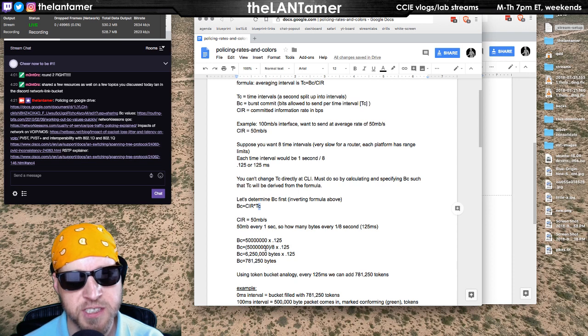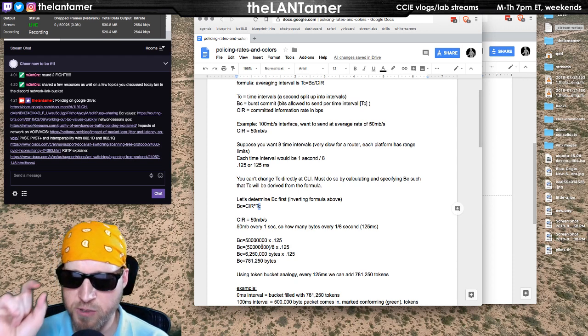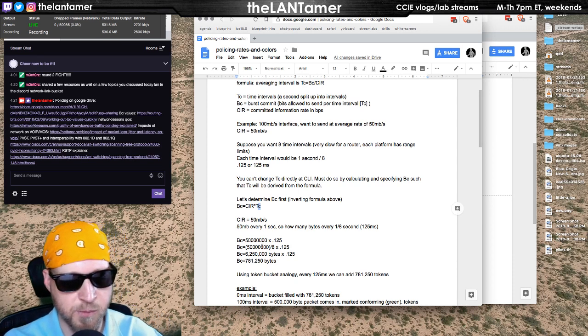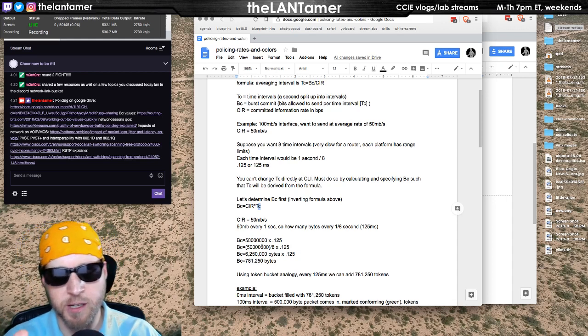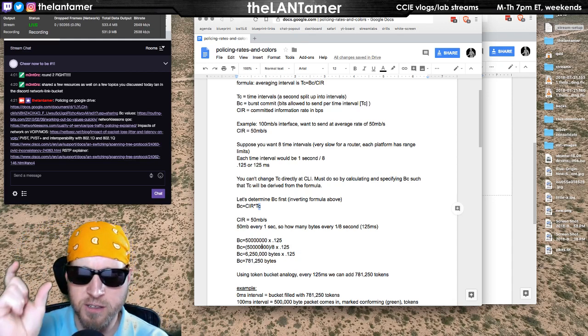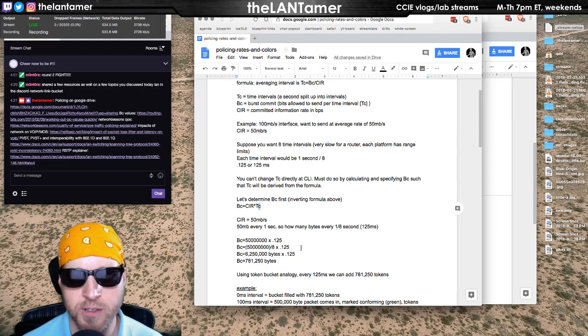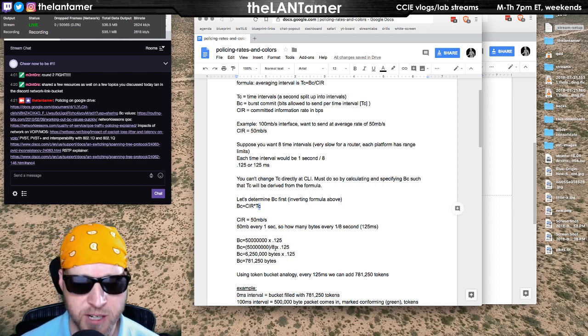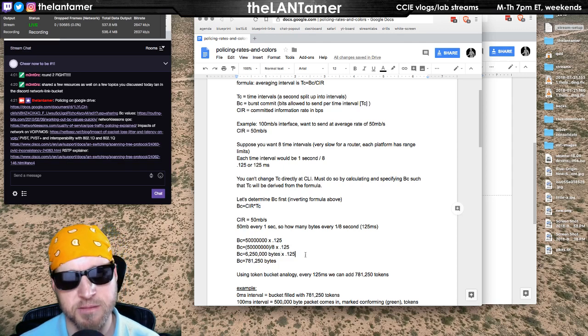Now this needs to be in bytes, right? Because we're gonna look at the size of the packet coming in and compare it against what we're allowed in that interval. So we take 50 million bits divided by 8, and we get 6,250,000 bytes times 0.125.